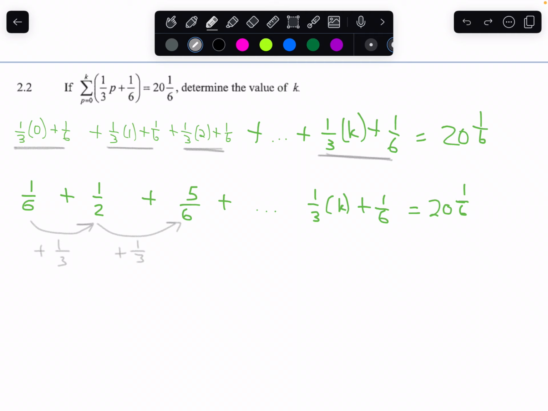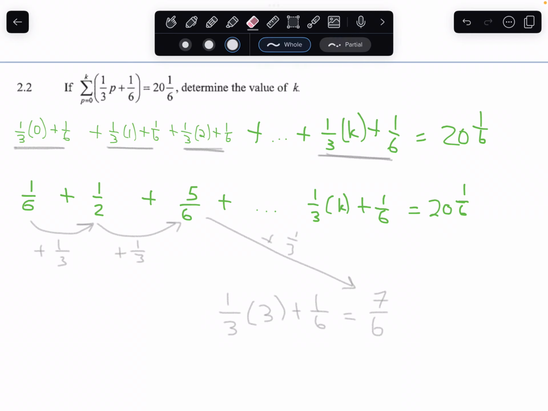A third times 3 plus a sixth is 1 and a sixth, which is 7/6. And to go from 5/6 to 7/6, you're adding 2/6, which is the same as a third. So it is an arithmetic series.